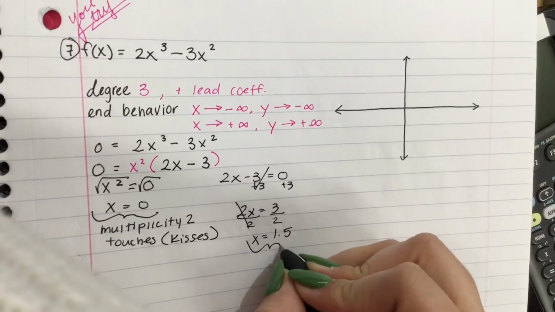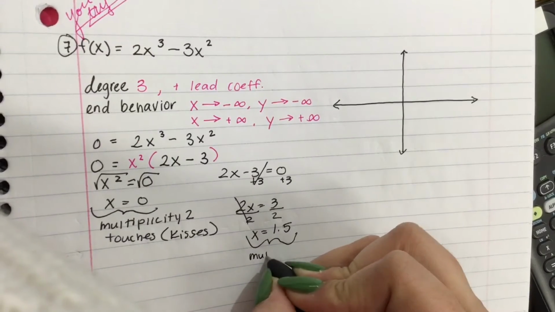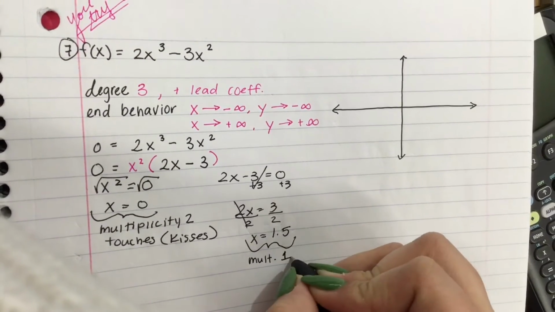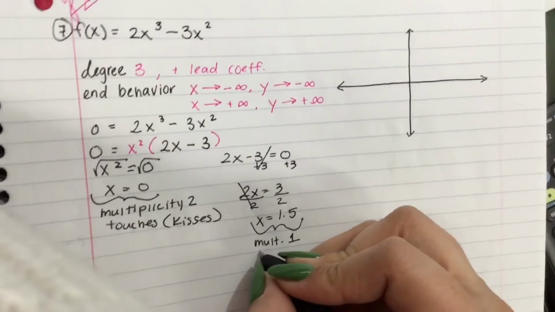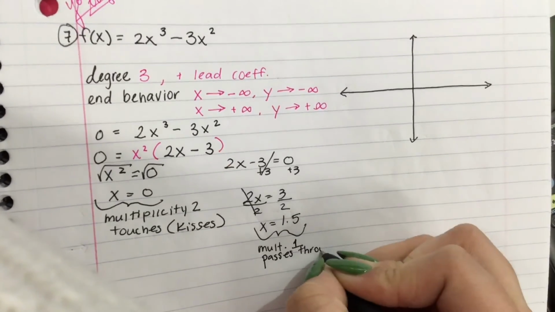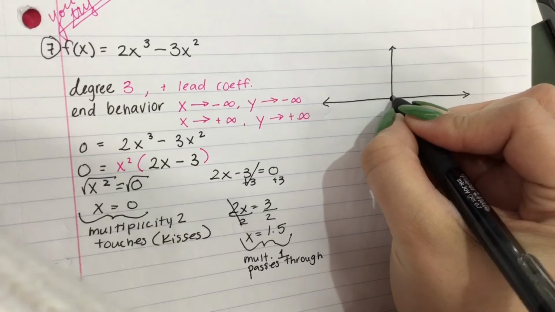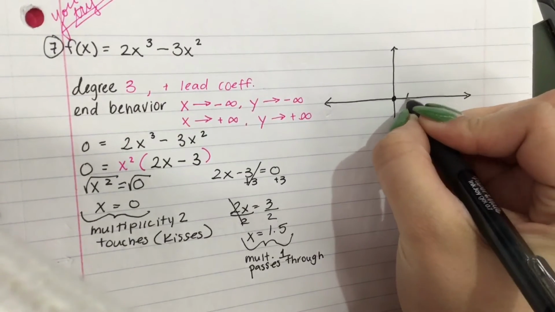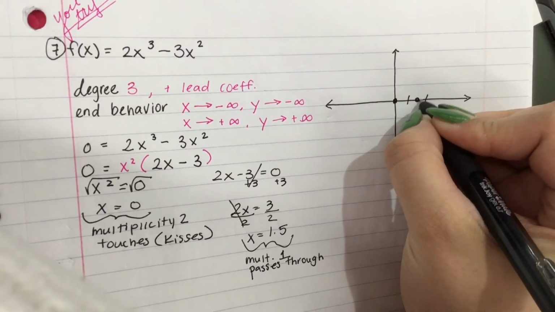That x equals 1.5 has multiplicity 1. So that tells us that this point just passes through the x-axis based on our notes about multiplicity and whether we have even or odd multiplicities. So I've got enough information now to be able to sketch my graph. I'll put the point at 0 here, and then I'll put a point in between 1 and 2 at 1.5.